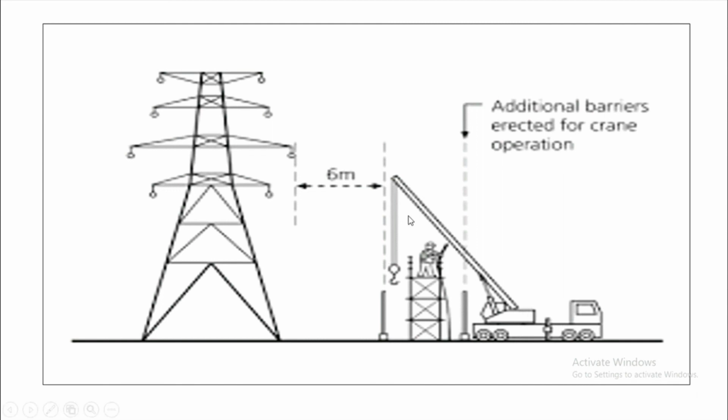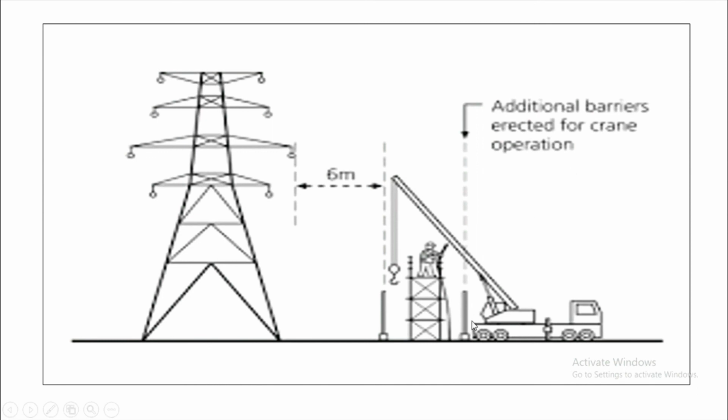So you can see a mobile crane set up with a goalpost here, with a 6-meter distance from the nearest part of the utilities. This is a safe distance from the utilities as per the known voltage of the power lines.